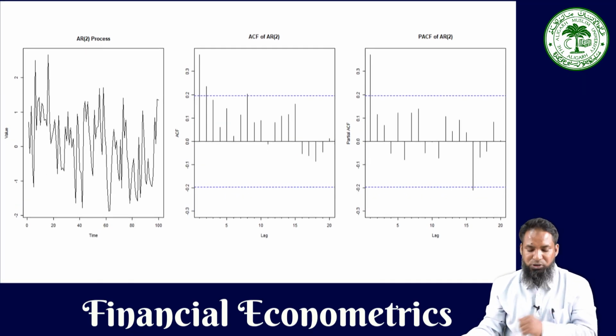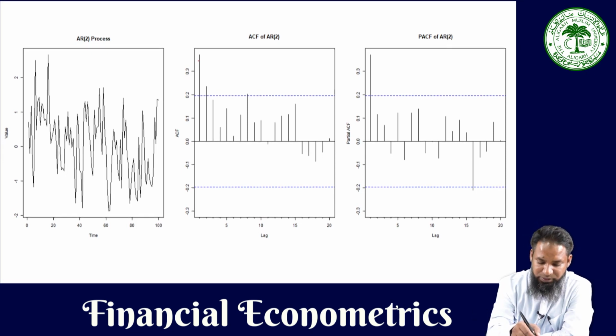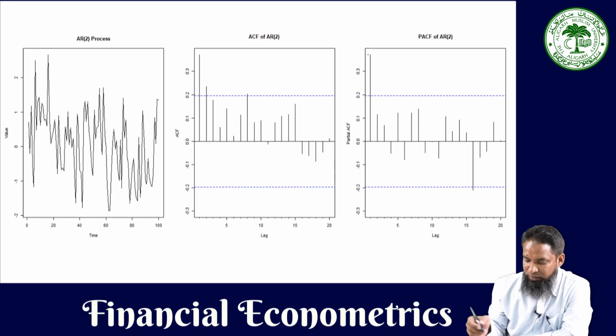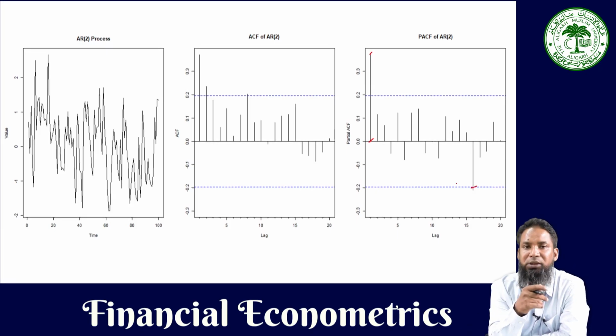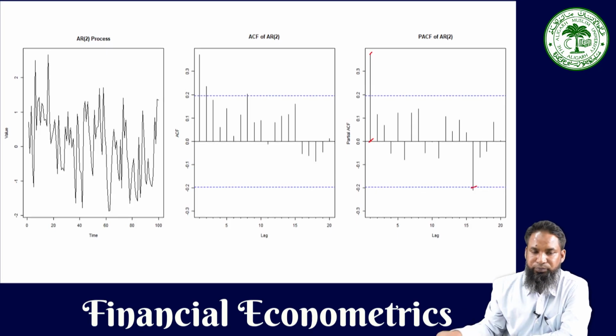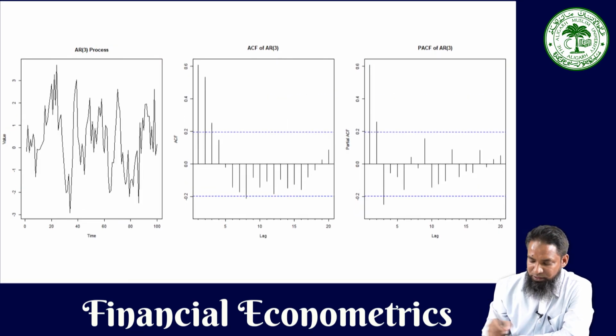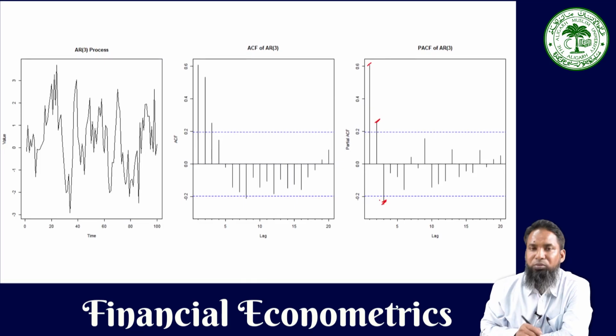Similarly, for the AR(2) process, we can observe the ACF starts declining. However, in the PACF, after the 2 lags, where one spike is there and another is there, it becomes 0. And similarly for the AR(3) process, we can observe 3 PACFs are non-zero and all other PACFs are 0.